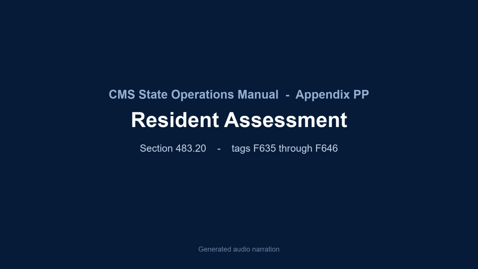Comprehensive assessment includes the completion of the MDS as well as the CAA process, followed by the development and/or review of the comprehensive care plan. Comprehensive MDS assessments include admission, annual, significant change in status assessment, and significant correction to prior comprehensive assessment.